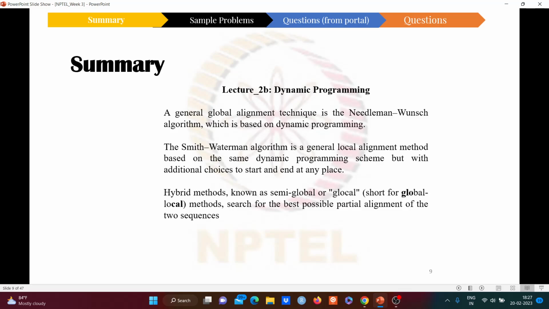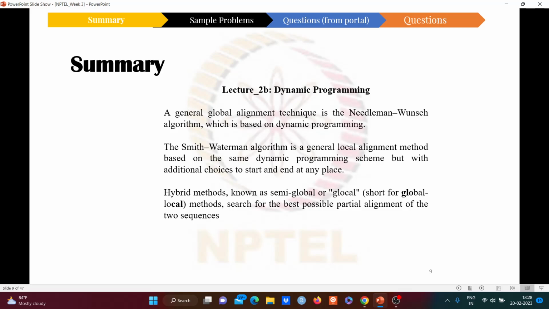The Smith-Waterman algorithm is the general local alignment method based on the same dynamic programming scheme, but with additional choices to start and end at any place. We will be studying these alignments later. And there is one more, a hybrid method known as semi-global or glocal, the short form for global and local, which searches for the best possible partial alignment of two sequences.